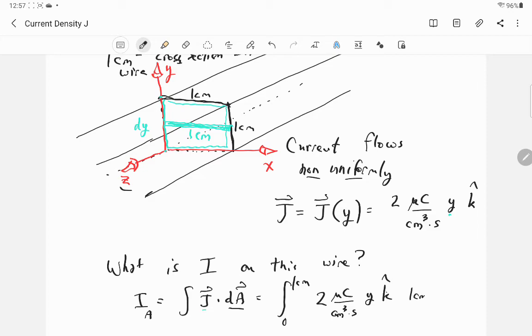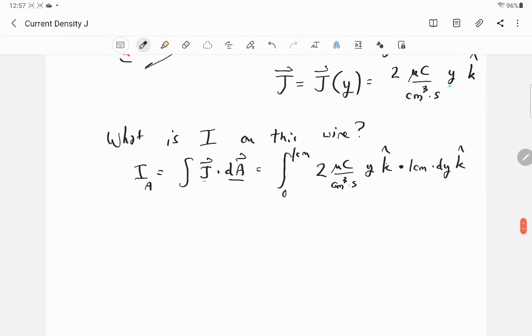So it's 1 centimeter times dy. That's an area, but the area vector also points in the k hat direction. So let me put in the k hat. And this is a vector dot product in this integration. So k hat dot k hat is 1, so they disappear.